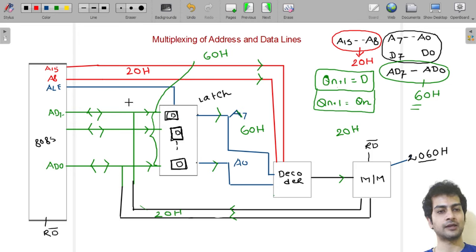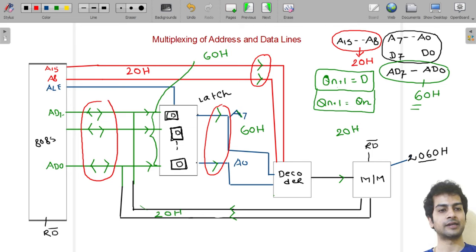See, here we can see the higher order address bus is unidirectional. I told you this is our lower order address bus, unidirectional. But this AD7 to AD0 is our data bus.